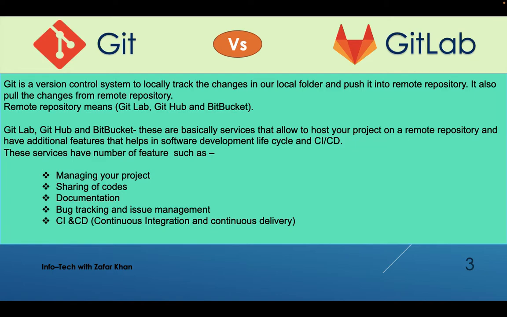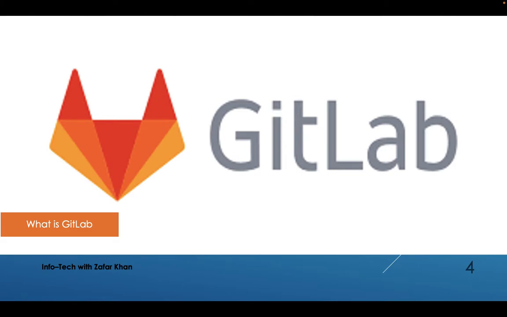CI/CD automates your software development workflow and deploys better quality code using a continuous and iterative process to build, test, and deploy. It also helps to avoid bugs and code failure. So this is basically CI/CD, continuous integration and continuous delivery. Today I will focus on GitLab.